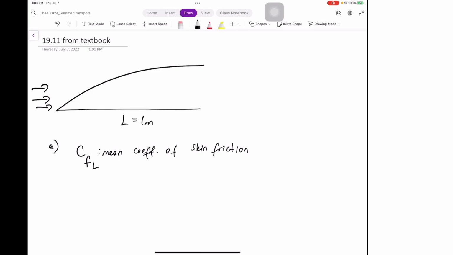Just give me a second. There might be some ambiguity about taking the mean or the average of the skin friction.